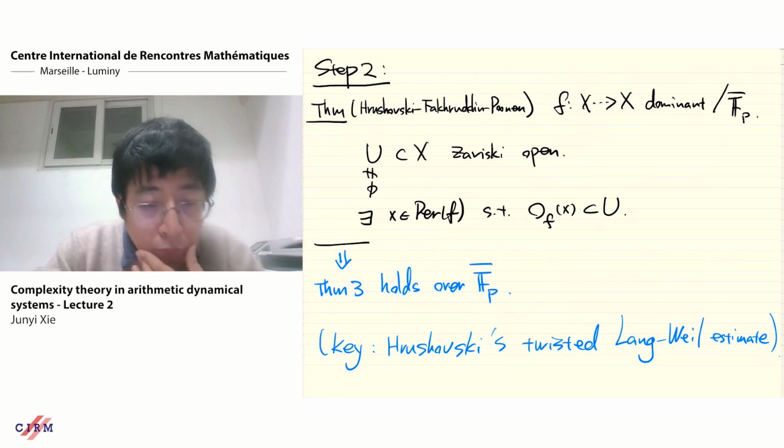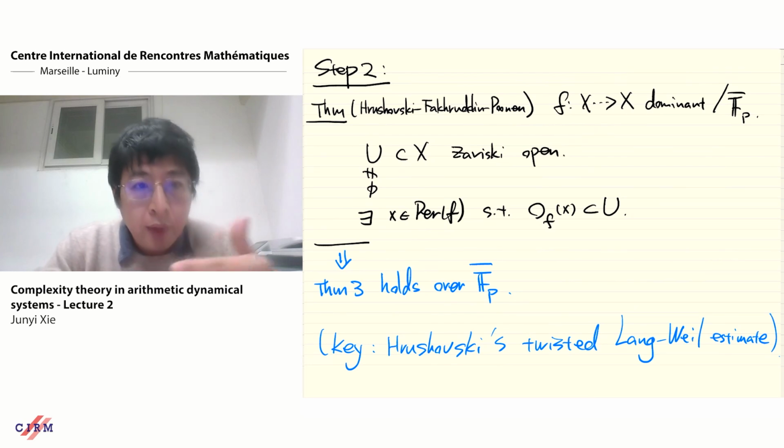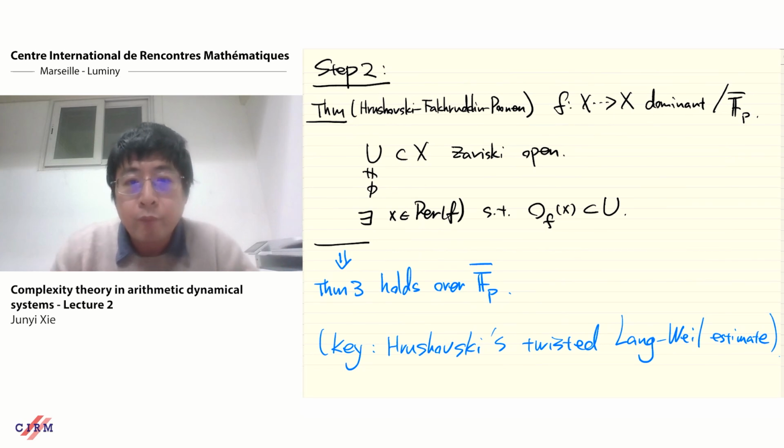And indeed, it implies that if F is a dominant rational self-map over a finite field, then periodic points are Zariski dense. So without any condition, it's always Zariski dense.